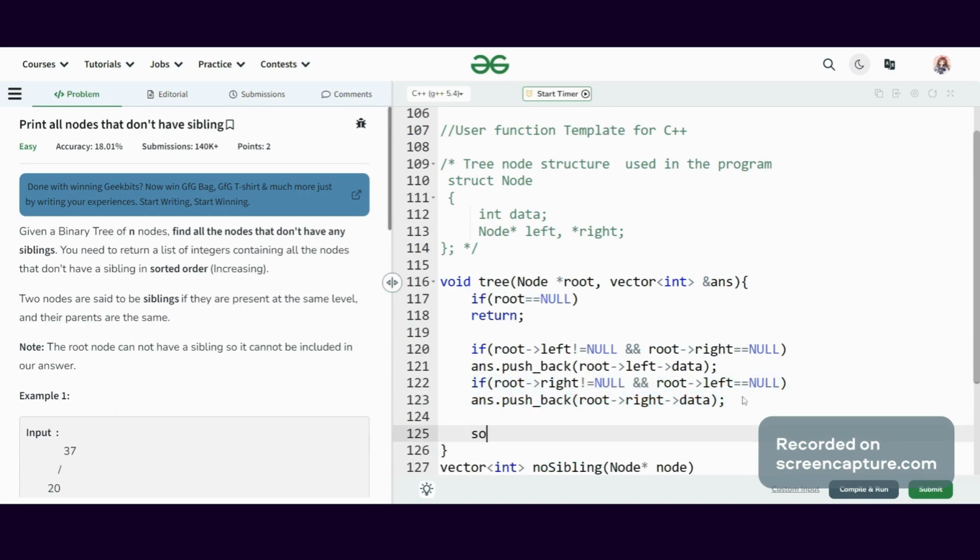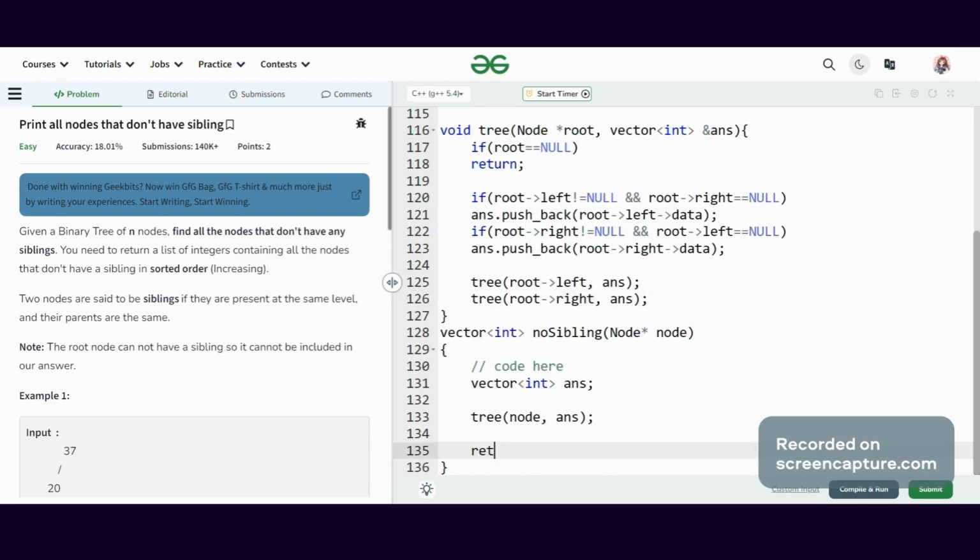Now what to do? Now simply traverse this tree: root left comma answer, and root right comma answer. That's it. Let's return our answer.